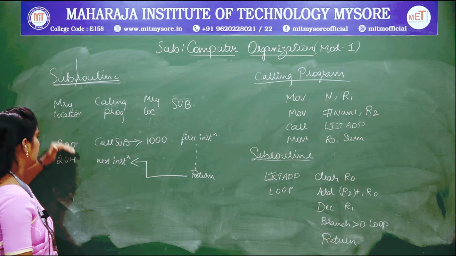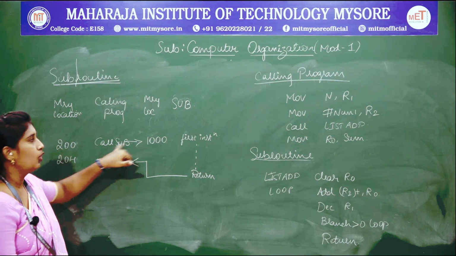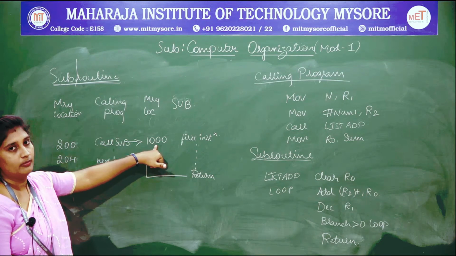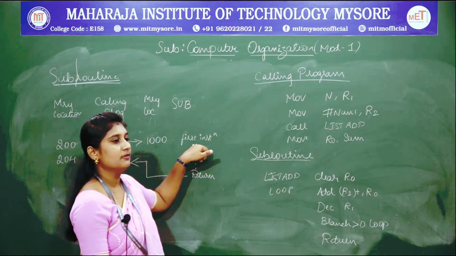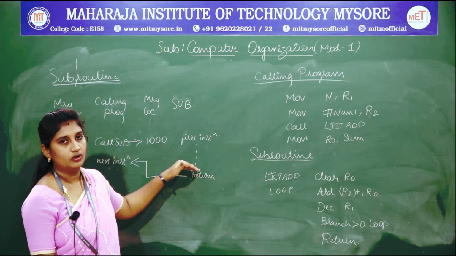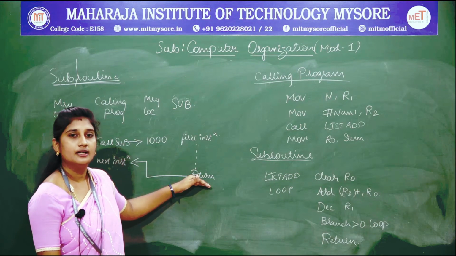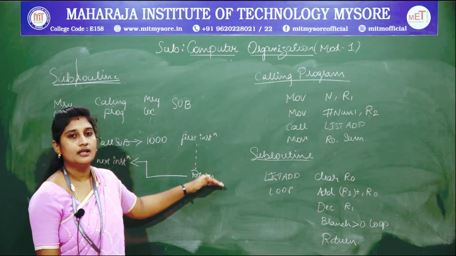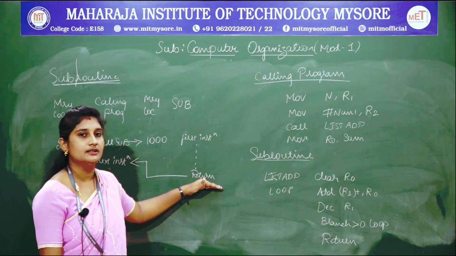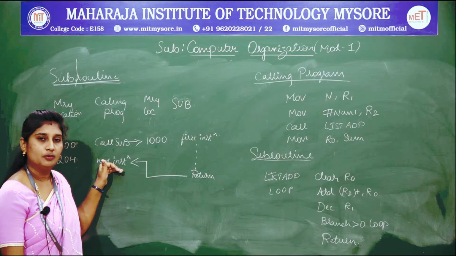This is memory location 200. Now it is calling the subroutine which is present at memory location 1000. Coming to the first instruction of the subroutine, all the subroutine instructions get executed. At the end, the return instruction is executed. As soon as it encounters the return instruction, it shifts back to the main program.